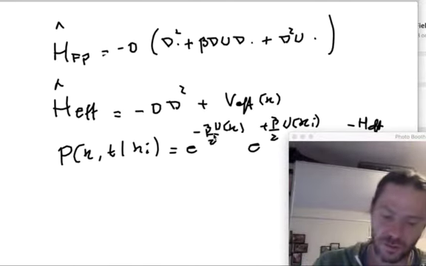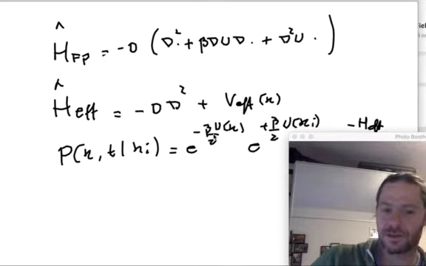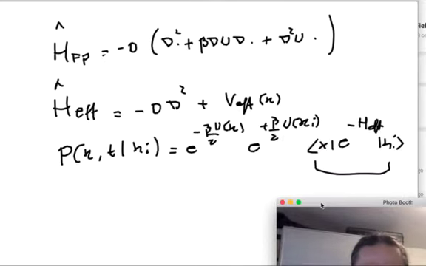And then we knew that this was the solution of the Schrödinger equation. So use that to reconstruct the equation obeyed by this.